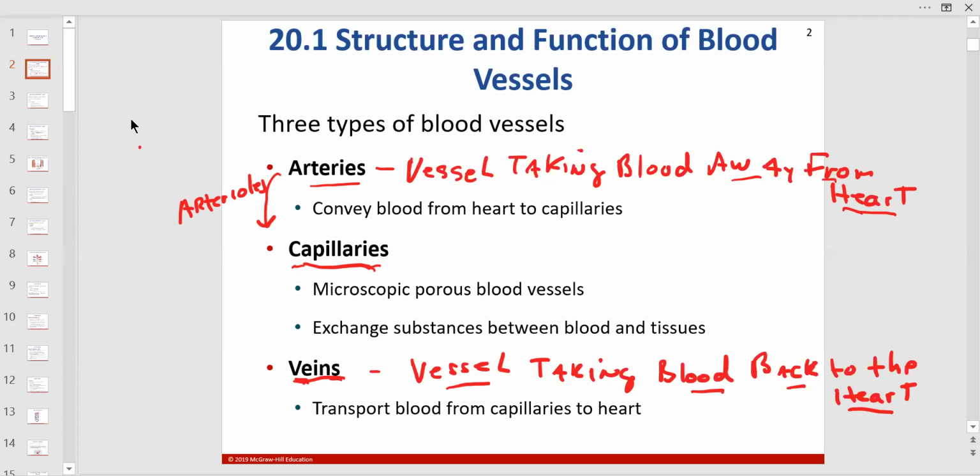And these are simple squamous epithelium because they're porous, right? So the endothelium is simple squamous epithelium, and that's for diffusion. That's why they're porous. So you have that exchange of substances, especially gas exchange.